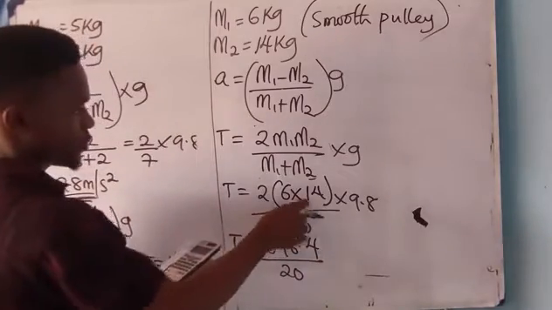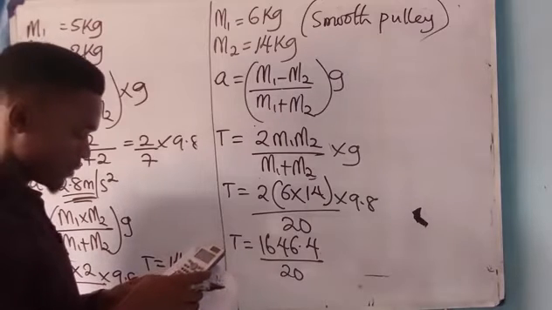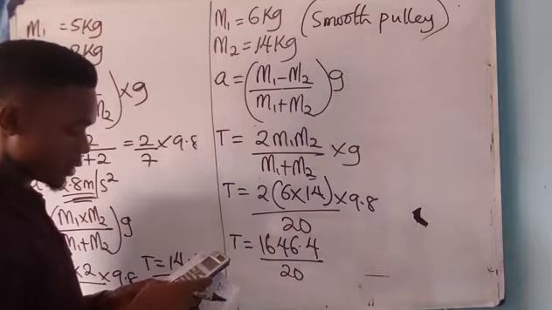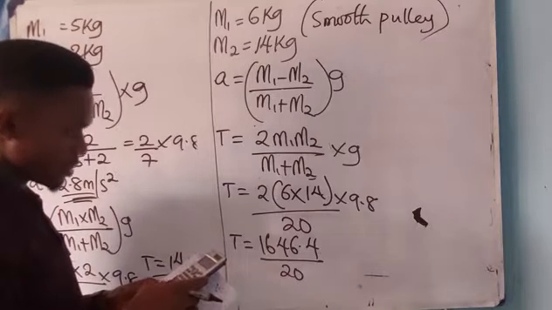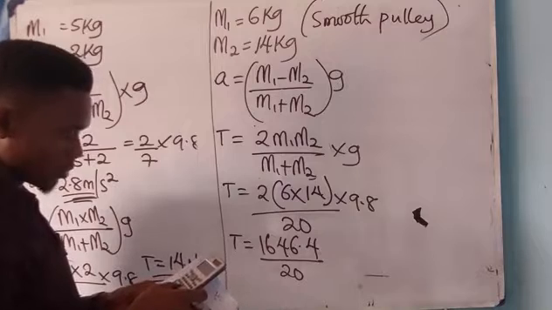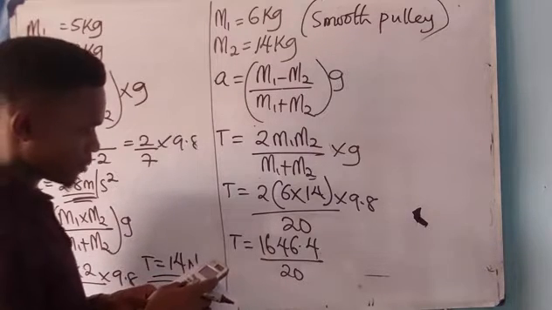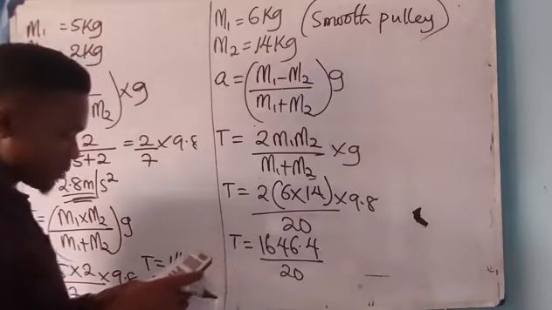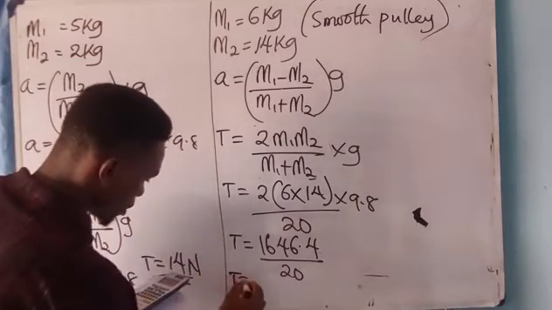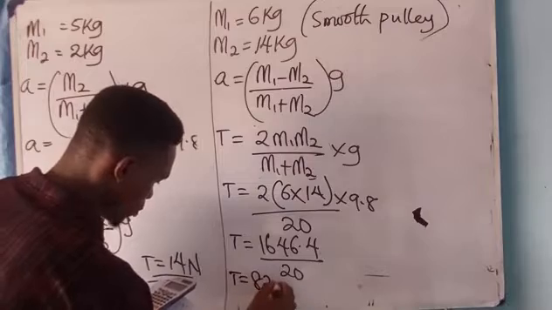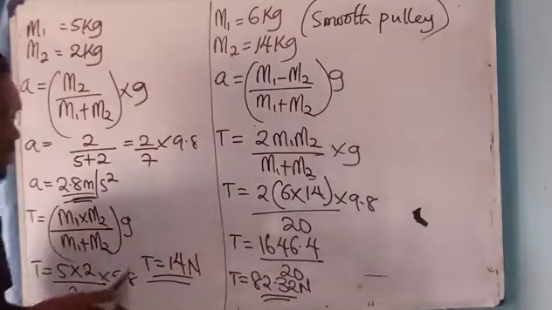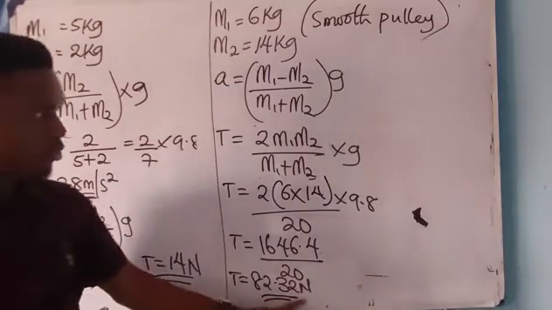You do the bracket first, 6 times 14, 84 times 2, 168 times 9.8. 1646.4 divided by 20 equals 82.32. So the tension now is 82.32 Newton. So that is the answer, 82.32 Newton.